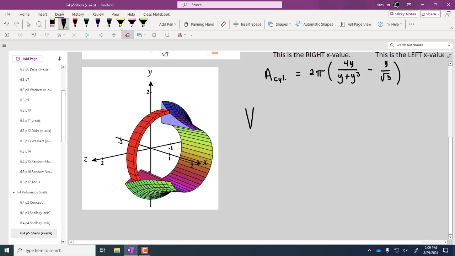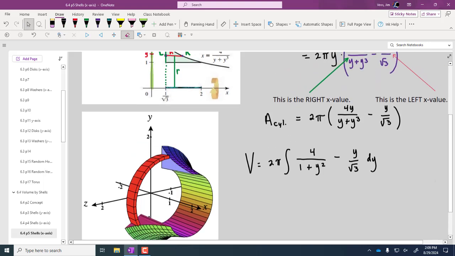Volume, like we said, is just the integral of this. So we're going to have 2 times pi integral. And I'm going to cancel a y out in this one. So we have that.